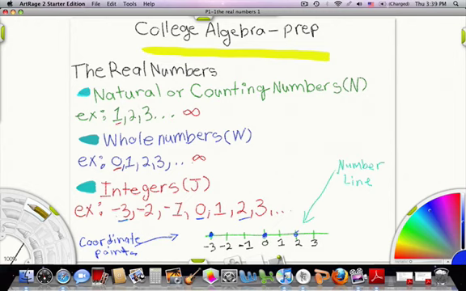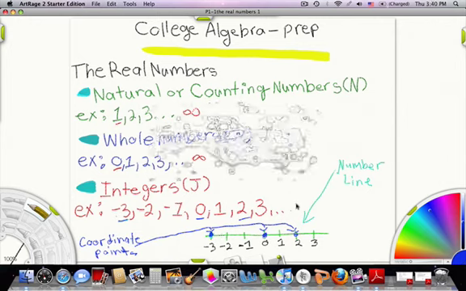So this is a coordinate point here, this is a coordinate point here, and this is a coordinate point here. So integers are points on a number line, and each individual point is a coordinate point. Okay, so moving on.